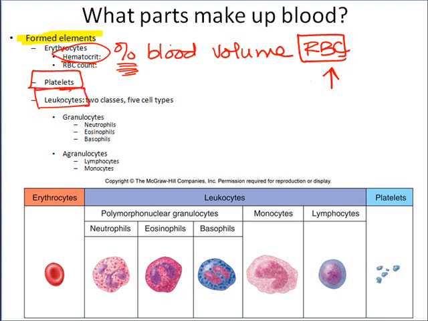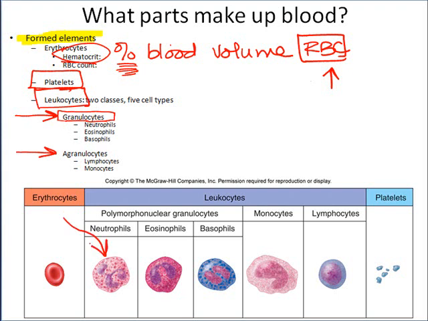As for leukocytes, or white blood cells, we can divide leukocytes into two major classes. There are 5 types of leukocytes, and we can divide those out into 2 groups. Something called granulocytes, and the other group is called the agranulocytes. Remember, cyte means cell. Granulo means having a grainy appearance to the cytoplasm. So the granulocytes are the 3 types of leukocytes that have a grainy appearance to their cytoplasm.